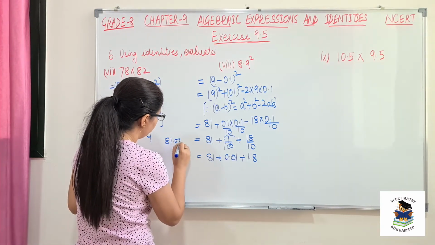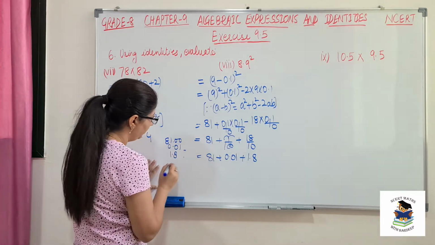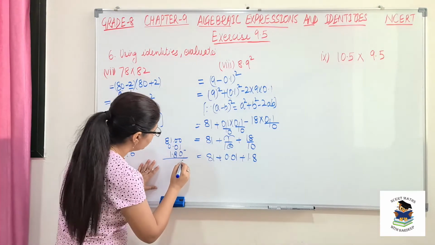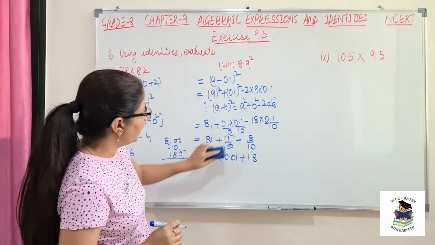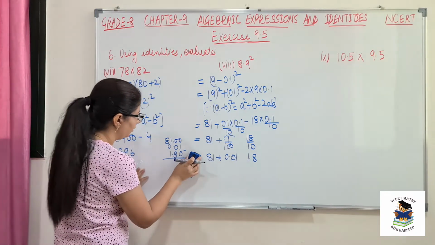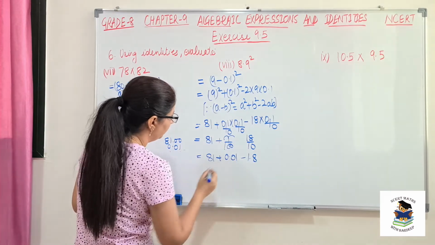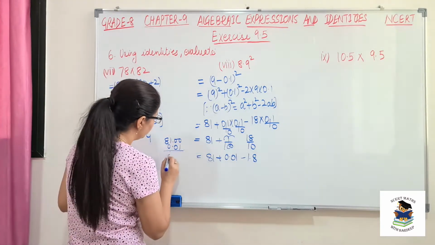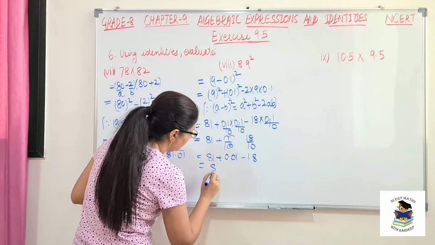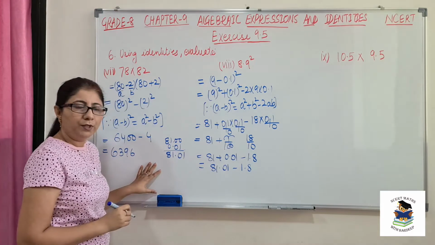So I will put 0 here also, and 1.8. So this is 1. No, we have minus here. This is the common mistake that all kids make, and even I made it here. So it should be minus. So first we will add them, so this is 81.01. Now we will subtract 1.8.